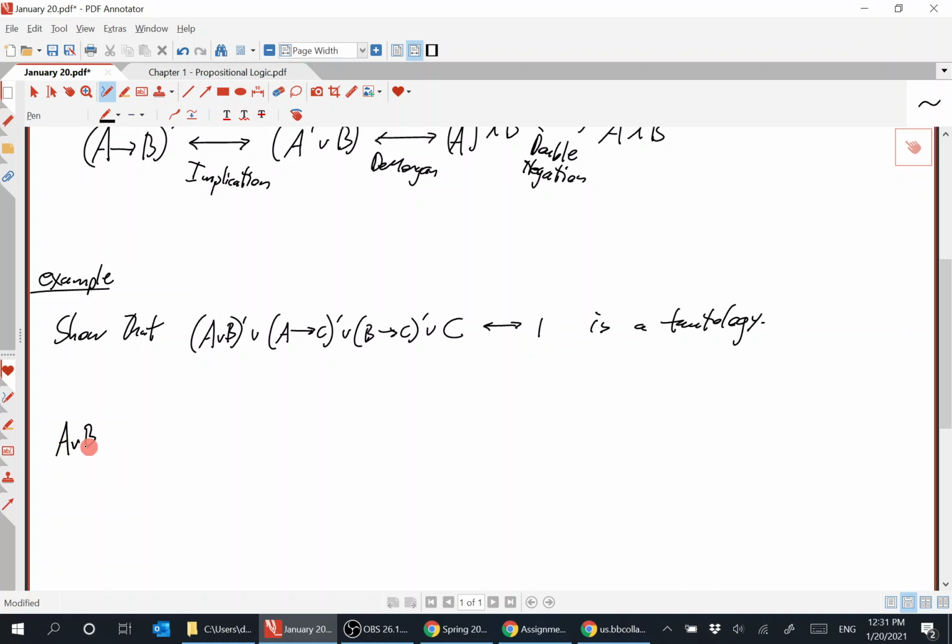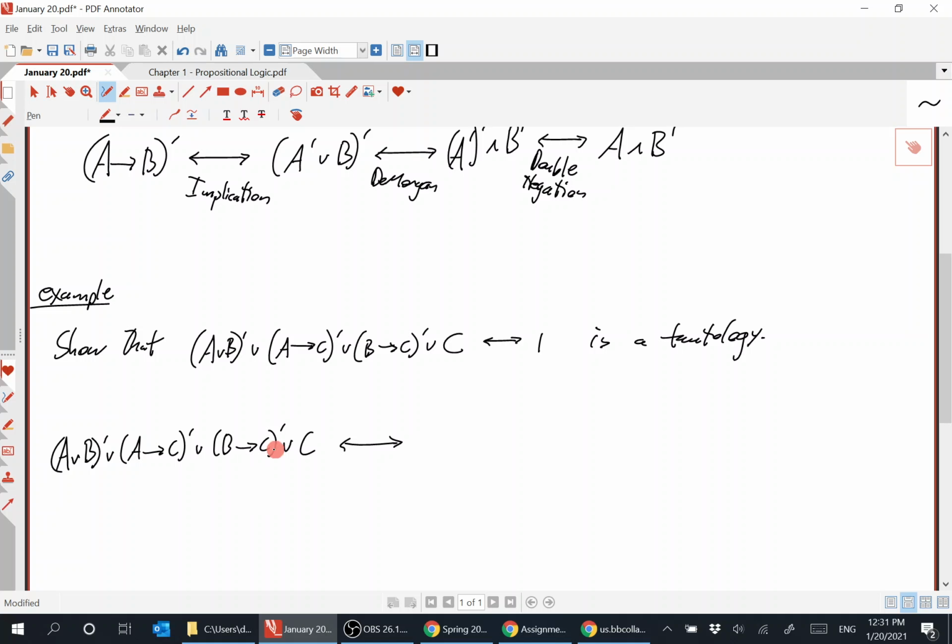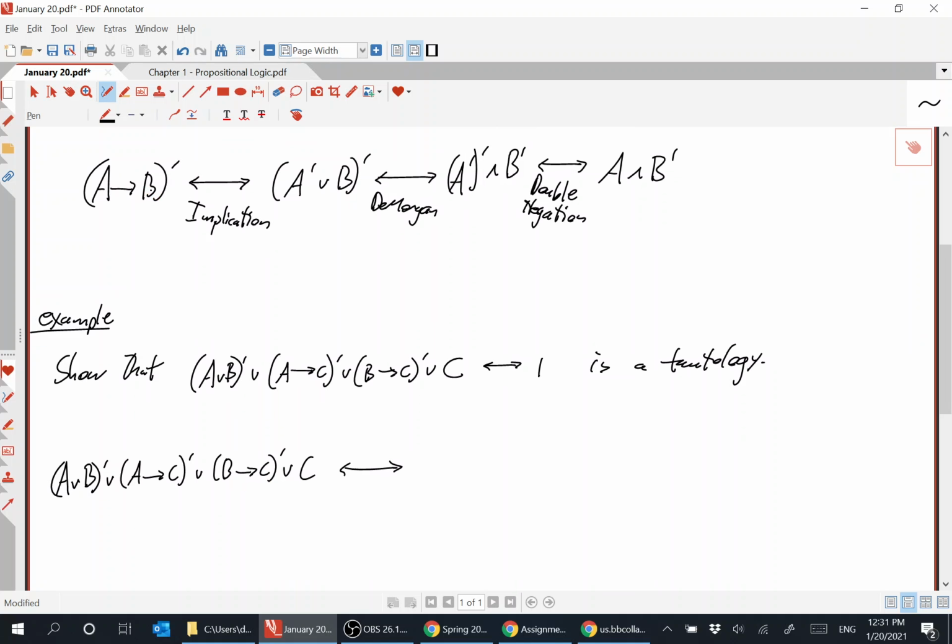So A or B naught, or A implies C naught, or B implies C naught, or C. Well, we already did the negation of an implication: the negation of A implies B is A and B naught.